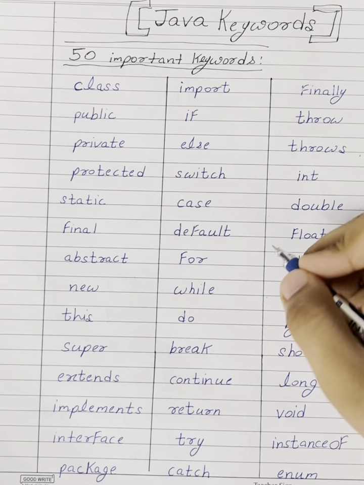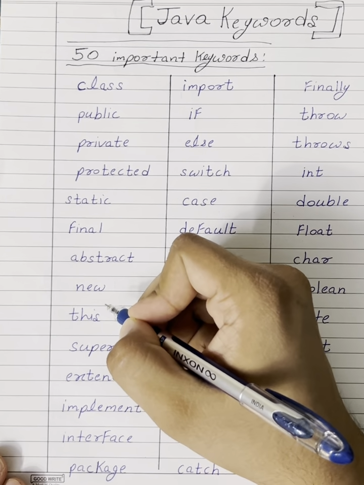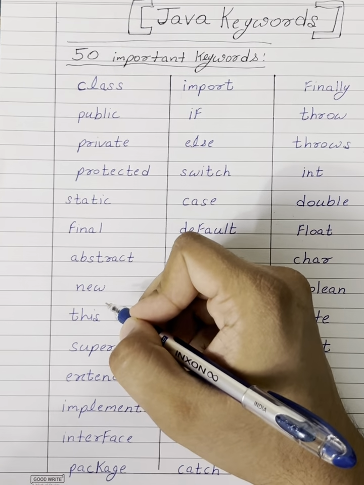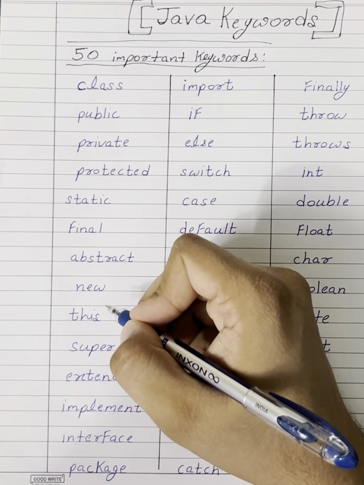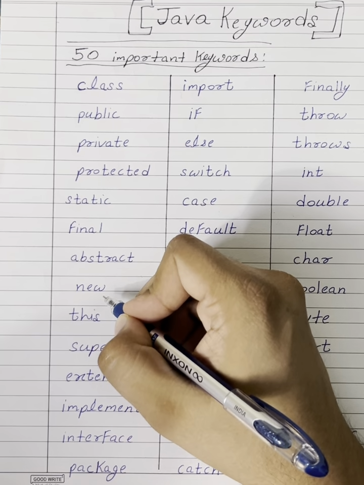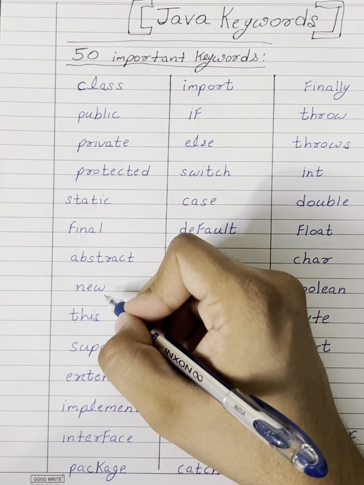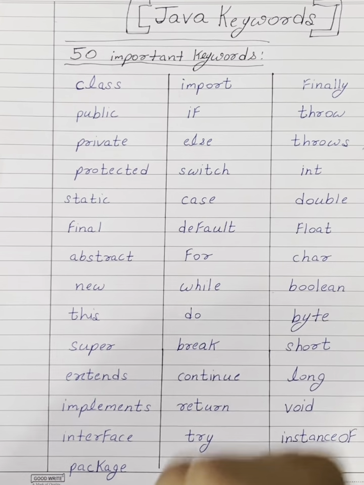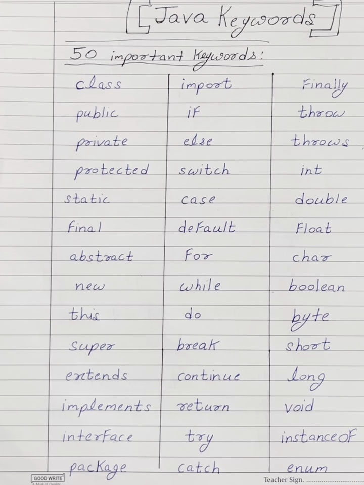Okay. So next is the new keyword, guys, and this keyword is used to create objects dynamically during program execution. And when the new keyword is used, memory is allocated for the object in heap memory, and the class constructor is automatically called to initialize objects.